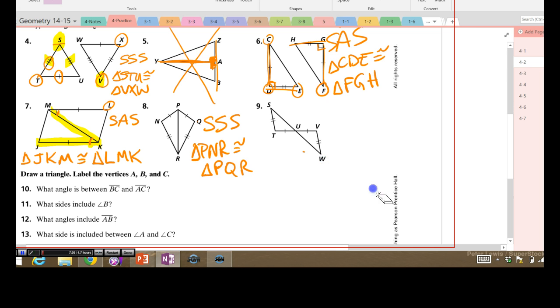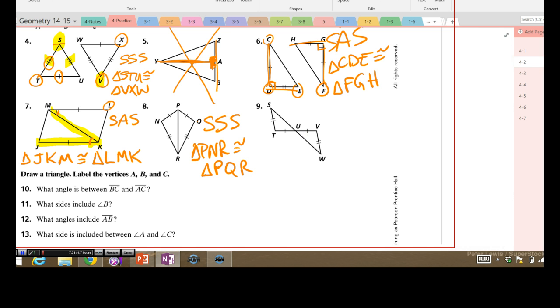But wait a minute. What about those vertical angles in there? What vertical angles, you say? The vertical angles that are congruent, because that's the definition of vertical, when I trace those 2 lines. You can assume that vertical angles really are congruent, even though the diagram didn't mark them.